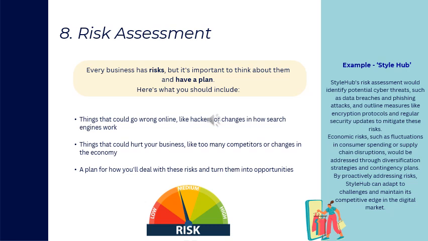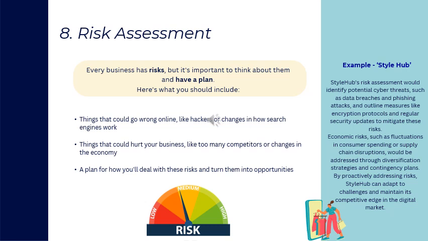The Style Hub example. Style Hub's risk assessment would identify potential cyber threats, such as data breaches and phishing attacks, and outline measures like encryption protocols and regular security updates to mitigate these risks.